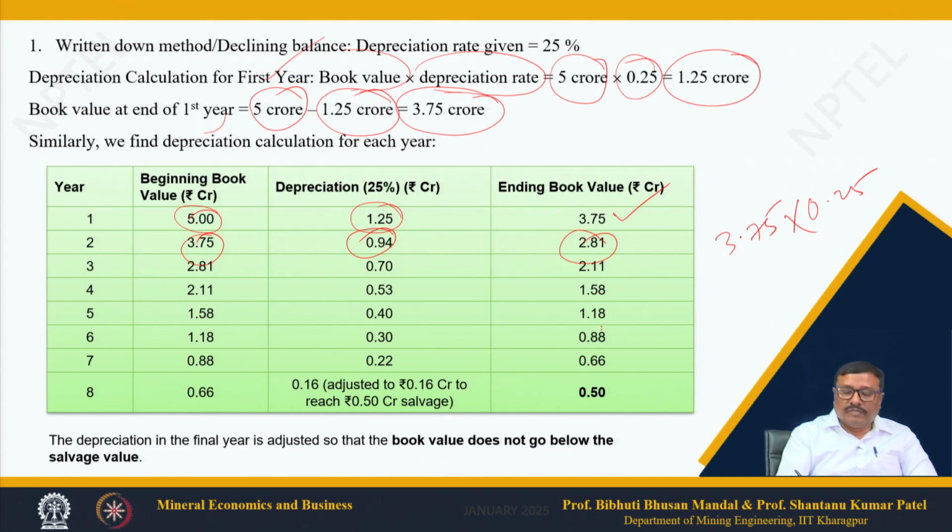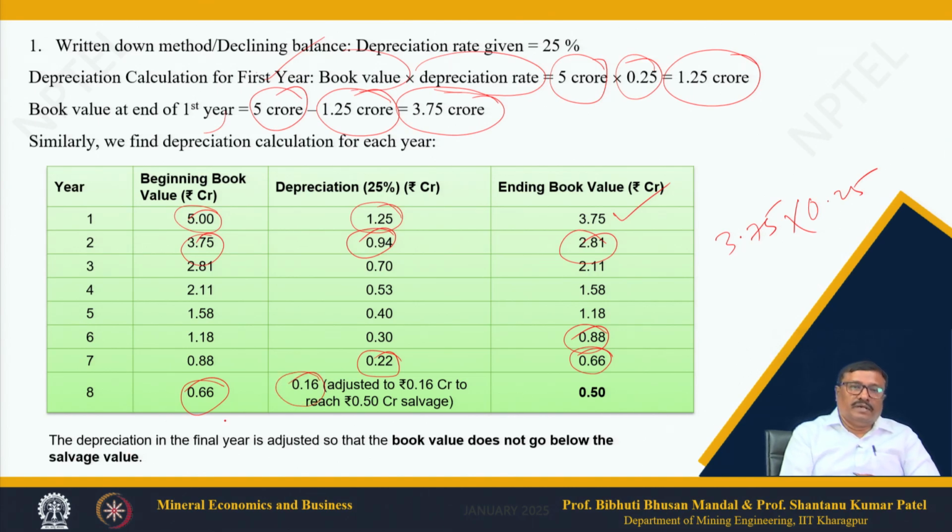At last you see 0.88, then you multiply by 0.25. So, 1/4 of that means 0.22 crore will be the depreciation. Finally, it will become 0.66. So, in the last 8th year, 0.66 is the book value, and then we adjusted the depreciation to only 0.16.